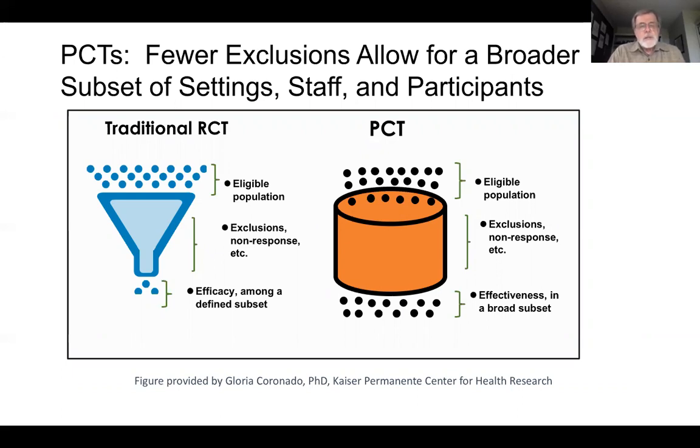So on the left-hand side, you can see a traditional trial, if you will, which is, again, you select for a highly specific and generally a homogeneous population. What you want to get is homogeneity so that you can minimize the variance you have.